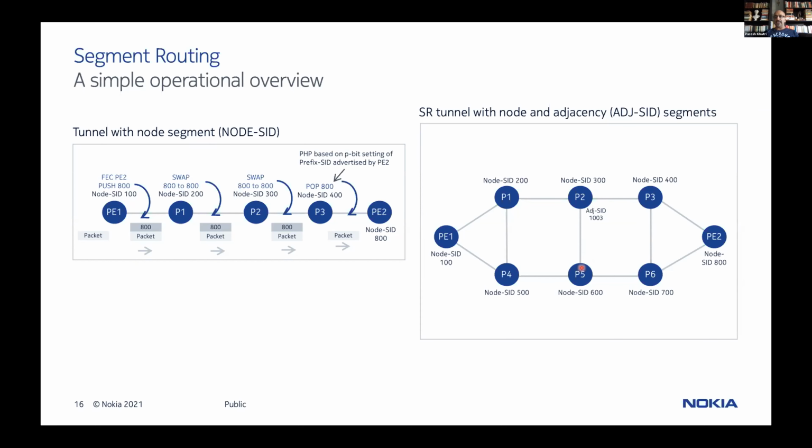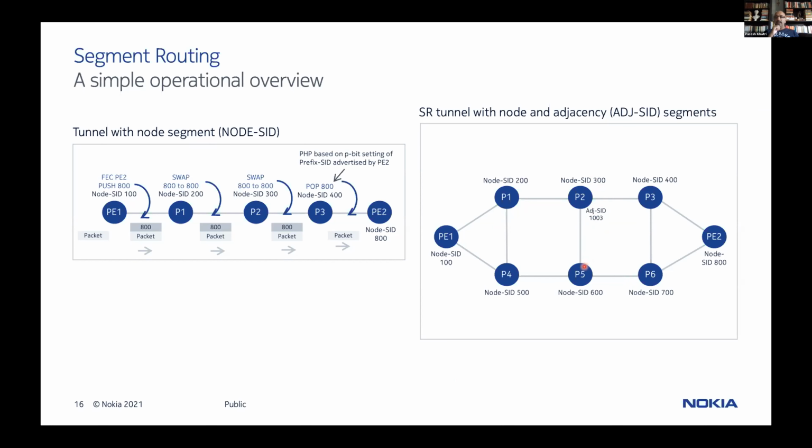So for this link here, we have an adjacency SID of 1003. Now in a real segment routed network, there'll be adjacency SIDs for all of the adjacencies out there. For the sake of simplicity, I'm only showing you the one that I'm interested in here, which is 1003, the link between P2 and P5.